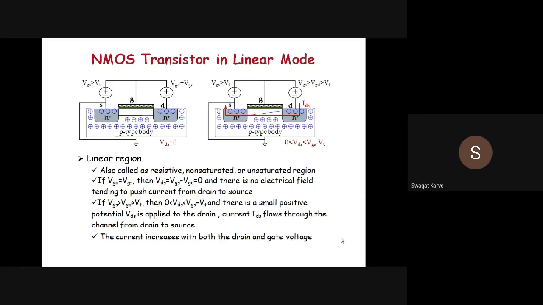The condition is that VGS minus VT, the difference between the gate to source voltage and the threshold voltage VT, should be greater than VDS.